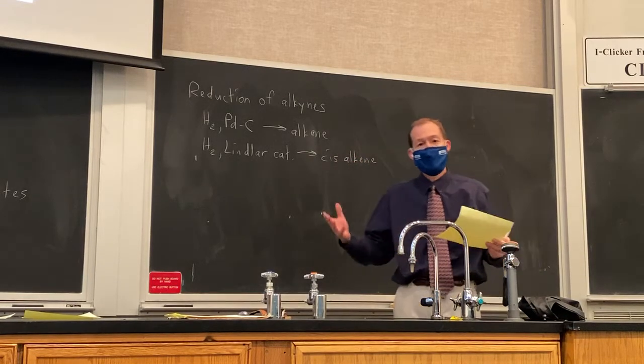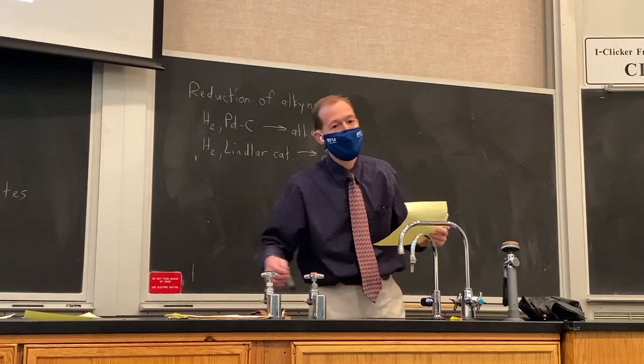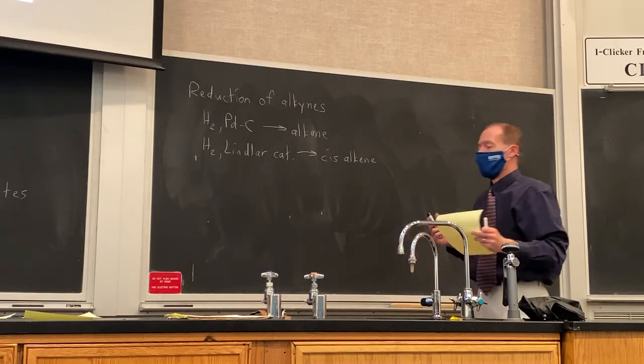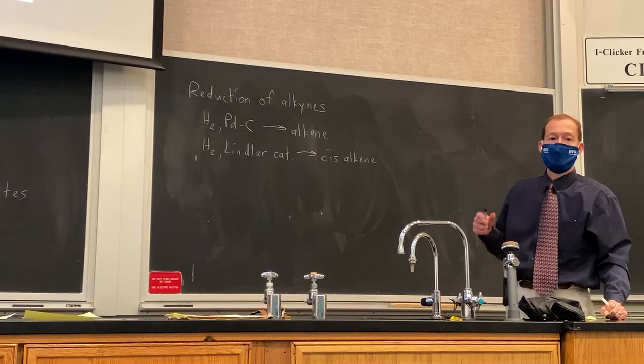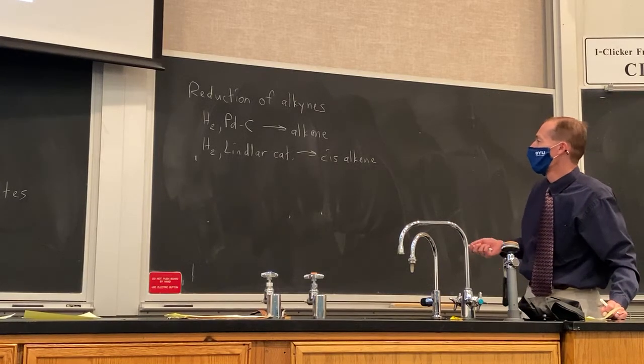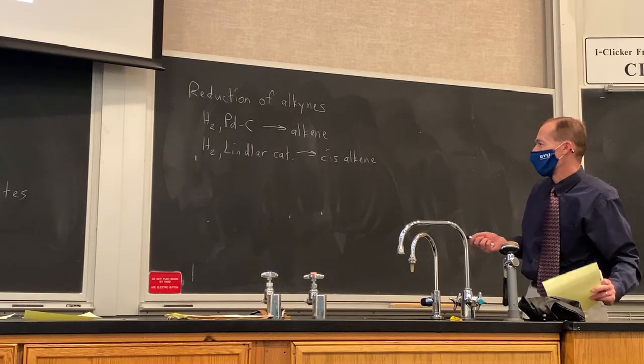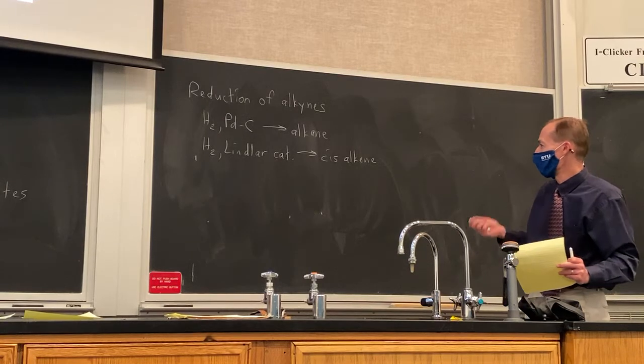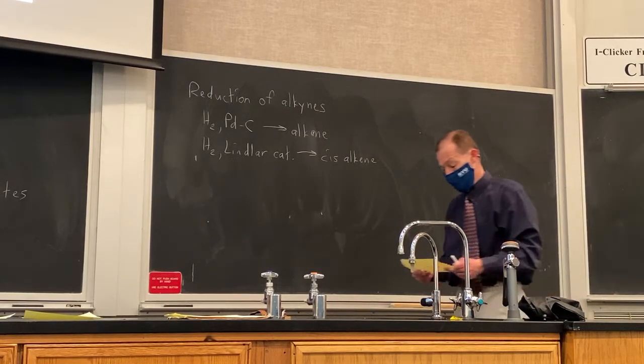Remember, that is our poisoned catalyst, the one that is less reactive. So it reacts with an alkyne. Alkynes are generally more reactive than alkenes. And so the poisoned catalyst reacts with alkynes, but not alkenes. Because hydrogenation is a syn addition, we obtain a cis alkene.